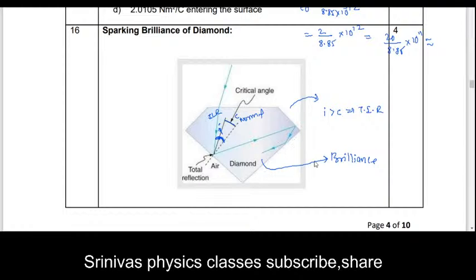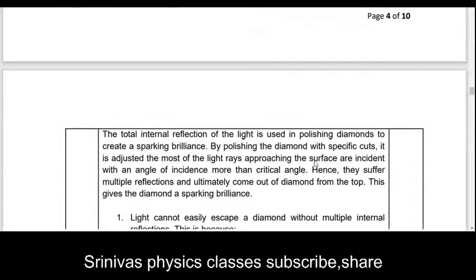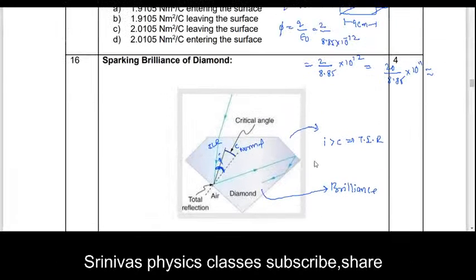Let us go for the conditions for total internal reflection. The angle of incidence should be greater than the critical angle. Light should move from a denser to a rarer medium.